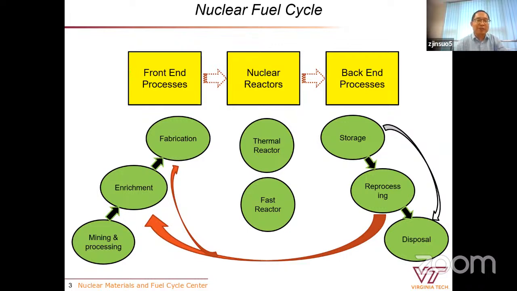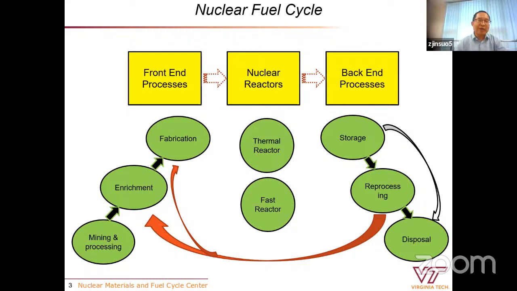That will be just one once-through fuel cycle. Most of the concepts now use the once-through fuel cycle. Reprocessing costs a lot of money and is not economically good, so they do once-through.